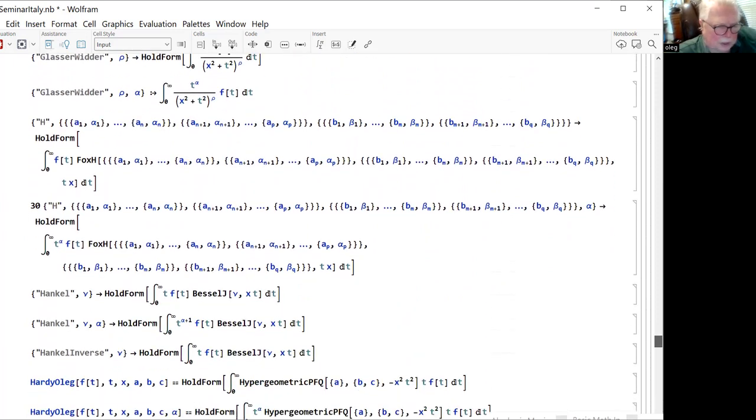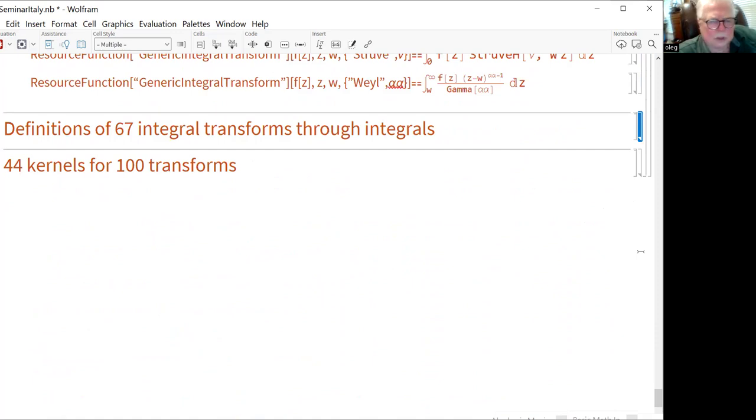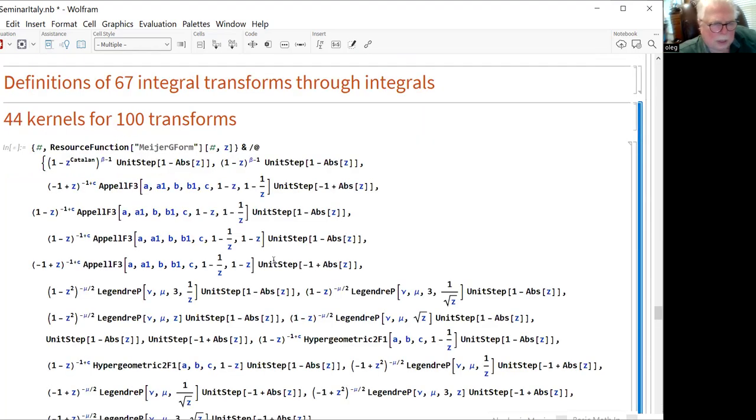In any case, you see here a lot of integral transforms which are not realized yet. Altogether, it will be about 100 maybe. But in this situation, I just collected all kernels, and again, one more test.